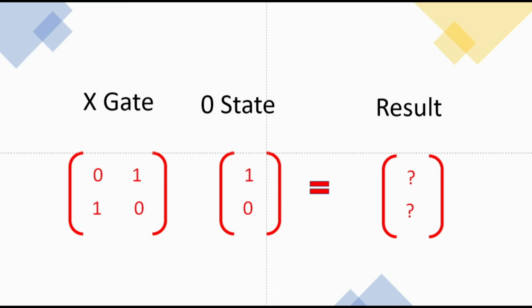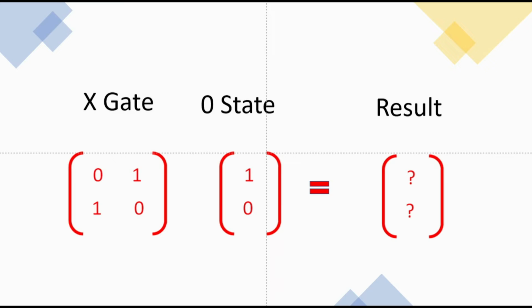So here we are, we're applying an X gate to a 0 state. The X gate is how I just said it to you, 0, 1, 1, 0. And the 0 state is represented by what we call a column vector. So what is the result if we multiply them together?